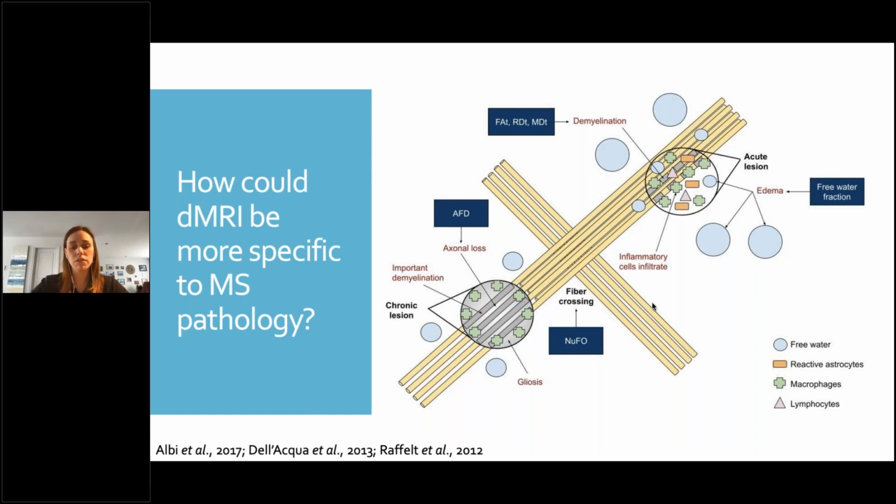We also use free water imaging to extract free water corrected diffusion MRI measures. Here we call them FAT, RDT, and MDT, where the T is for tissue, and with these, we can investigate the degree of demyelination. We can also extract what we call the free water fraction as a marker of edema.